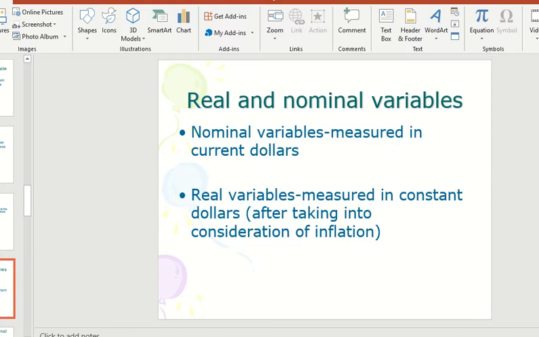So that means we have a base year and we have a benchmark, and we treat the price level constant at that benchmark level or the base year level. So what that means is when we calculate or measure real variables, we take away the effect of inflation.